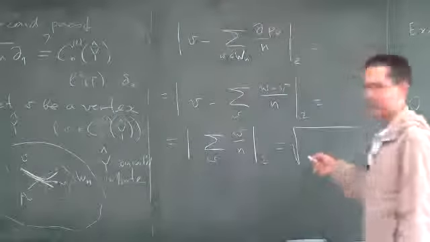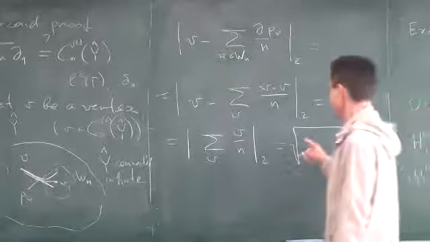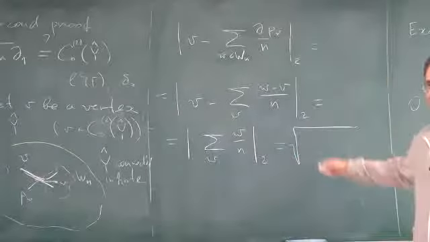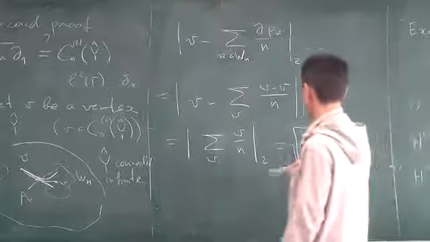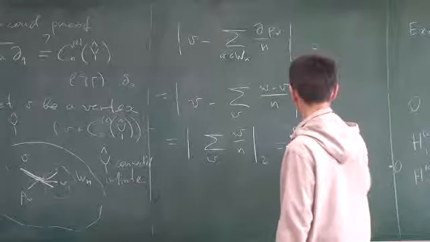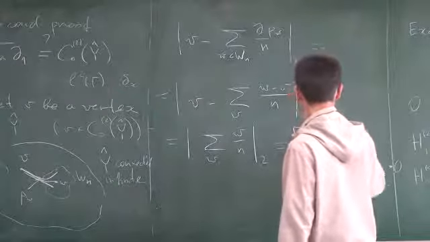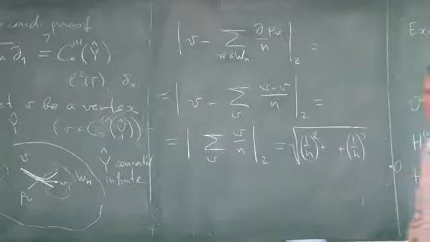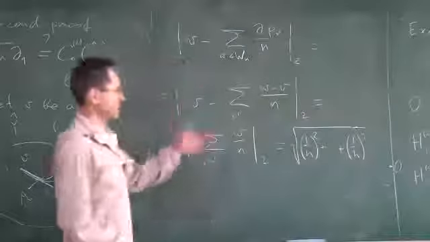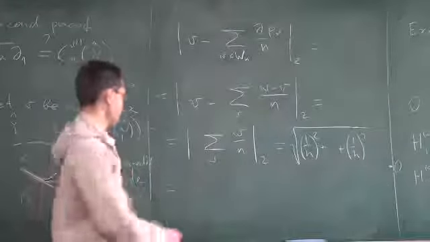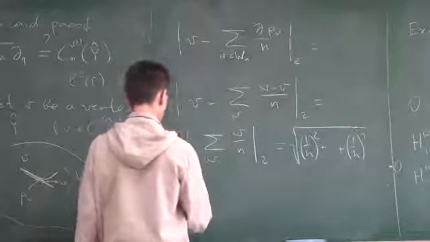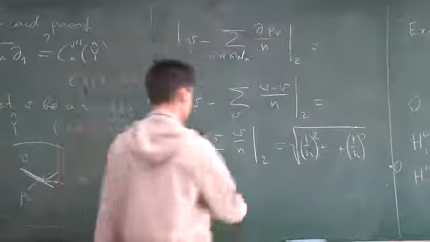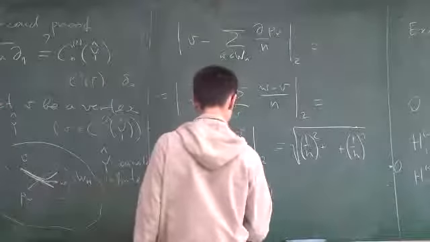It's the square root of 1 over n squared plus and so on, 1 over n squared, and how many times? n times. It's 1 over n squared multiplied by n. That is 1 over n, and then we take the square root. What's important is that this goes to 0 as n approaches infinity.